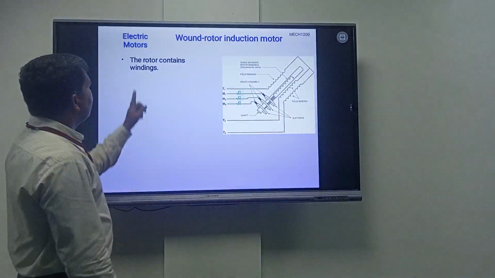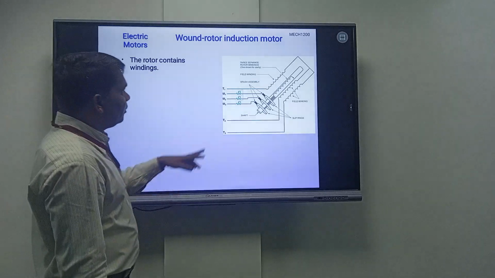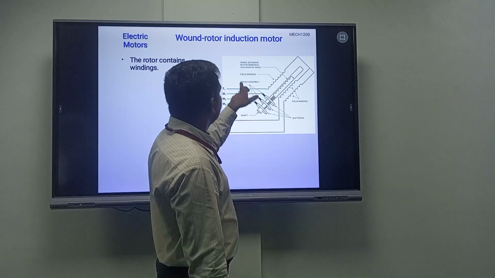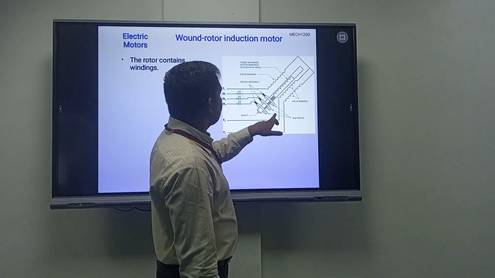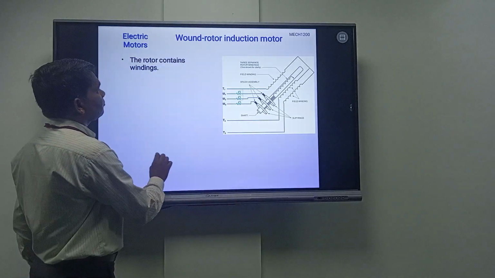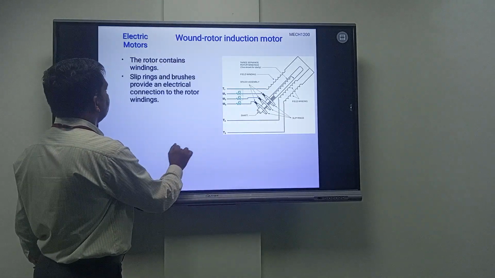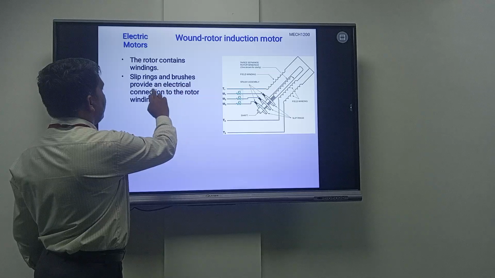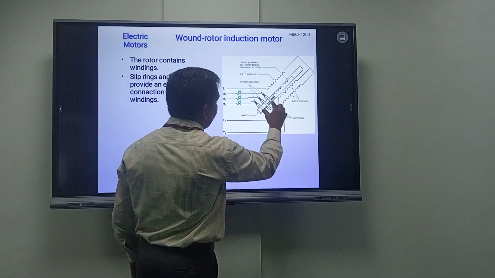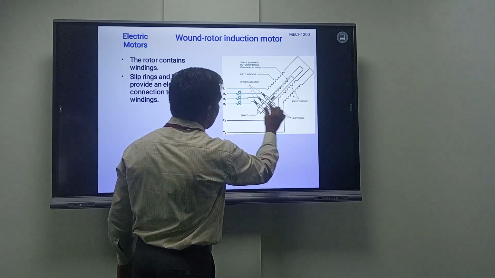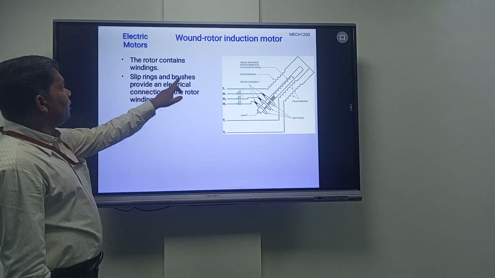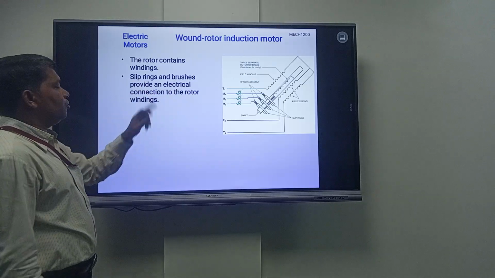The rotor contains, you can see, a three-phase rotor winding, field winding, and a brush assembly for the three-phase system. Slip ring and brush provide an electrical connection to the rotor winding.